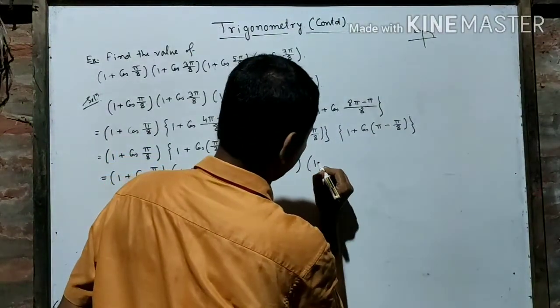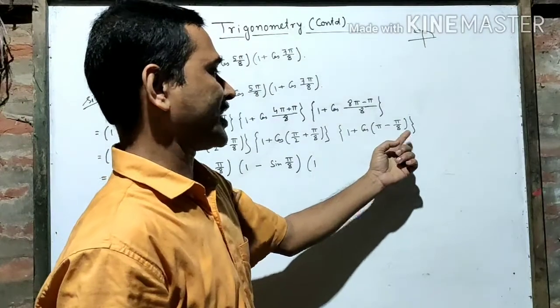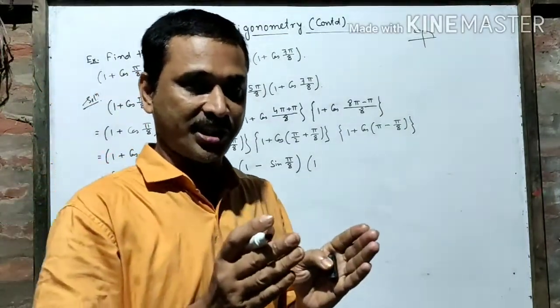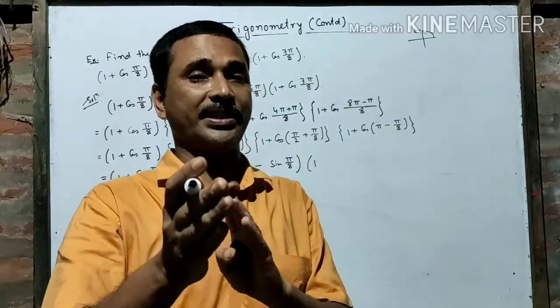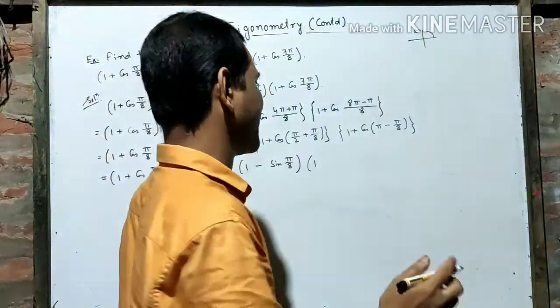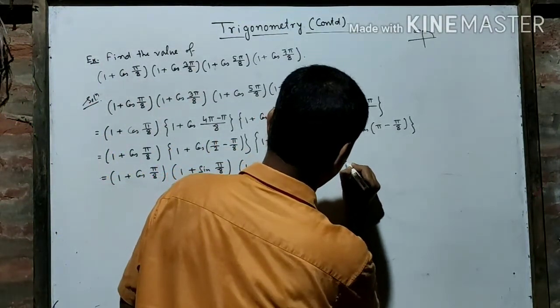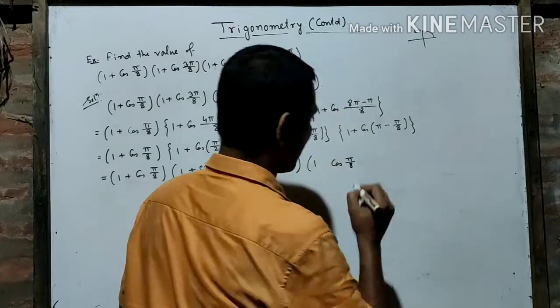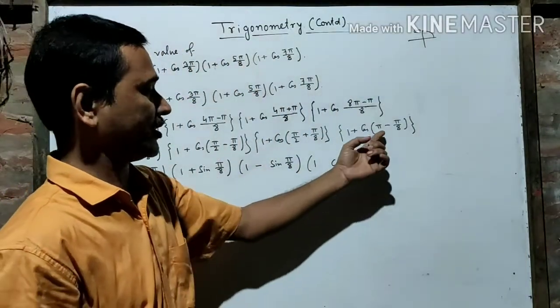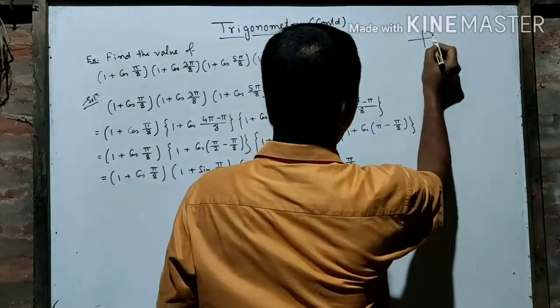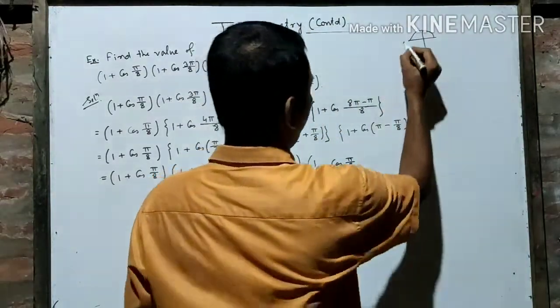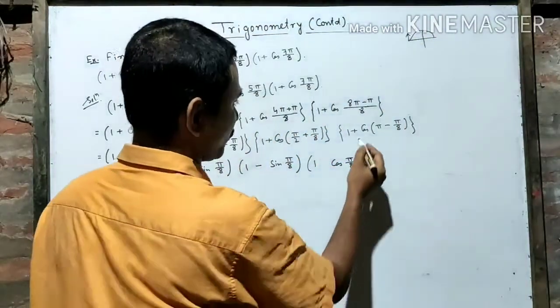Then cos of pi minus pi by 8: pi means 180 degrees, which is 2 into 90, an even multiple of 90, so there is no change in the ratio. Cos will be cos, so cos pi by 8, and in the second quadrant cos is negative.